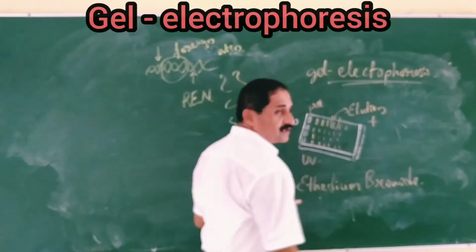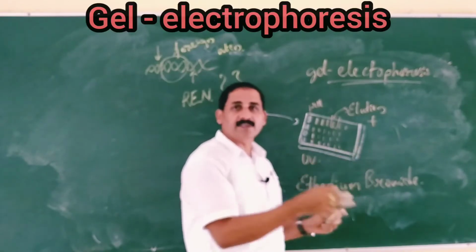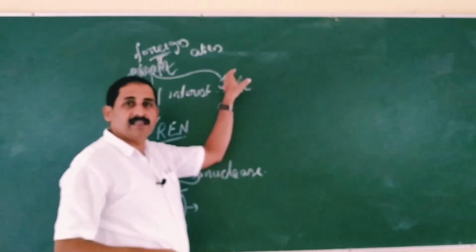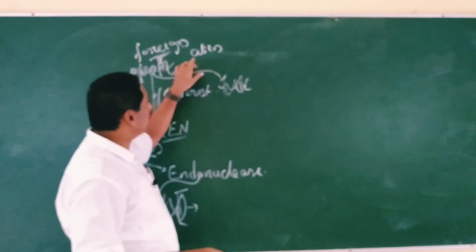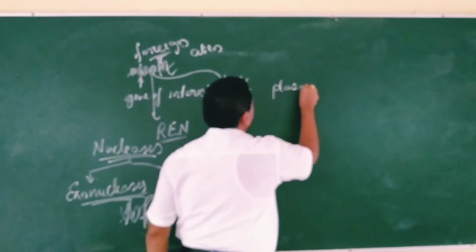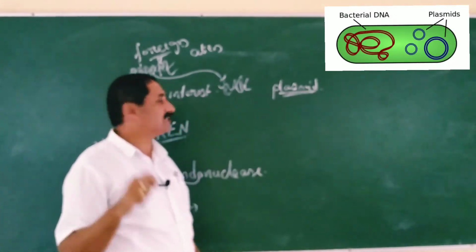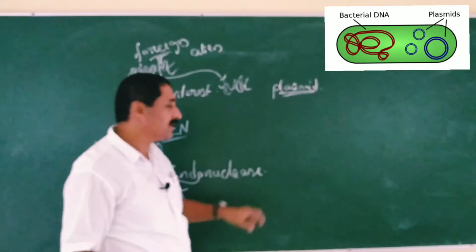After the separation of the gene of interest, we have to introduce it into a plasmid vector. We can insert this gene of interest or alien gene into a plasmid vector. We need a vector or a vehicle to transfer the gene of interest to a host cell.